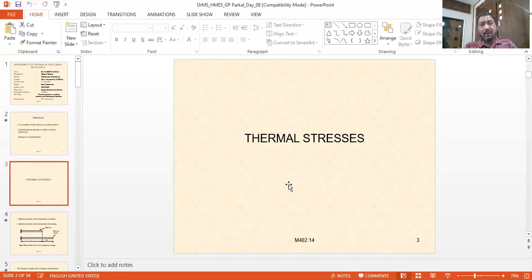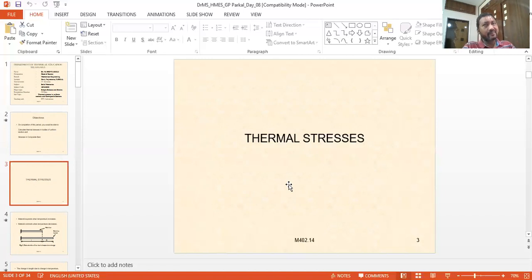The difference of the final temperature and initial temperature will be positive in case of heating, and the difference of the final temperature and initial temperature is negative in case of cooling. So therefore, in case of heating, the bar is subjected to expansion, but that expansion is avoided. So the bar is subjected to a compressive force.